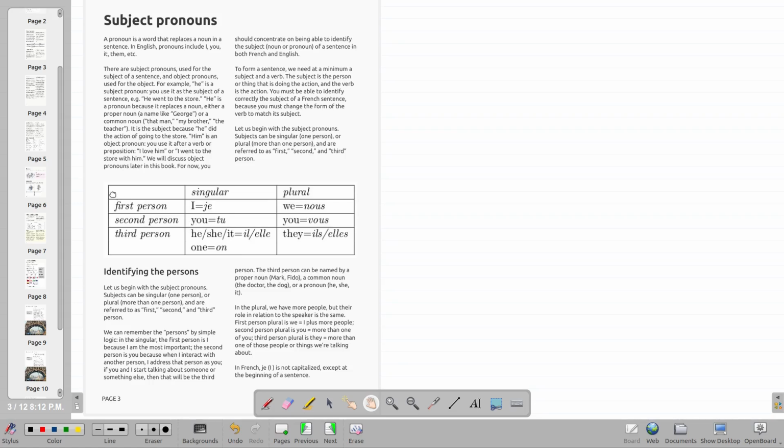So now in French, now that we have understood this in English, in French, we have identified the equivalents of the English subject pronouns. So for I, the equivalent is je. For you, singular, the equivalent is tu. For he, the equivalent is il.